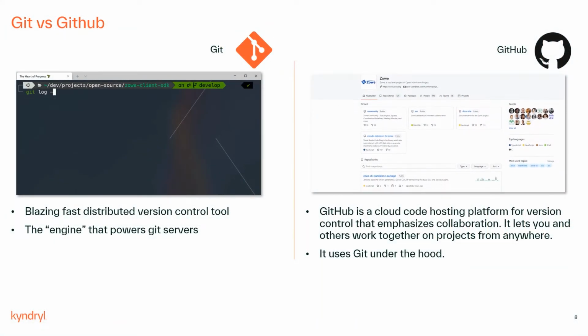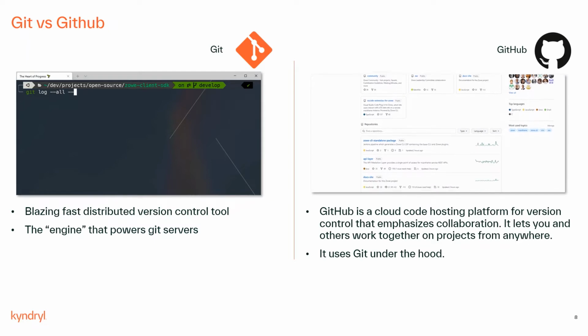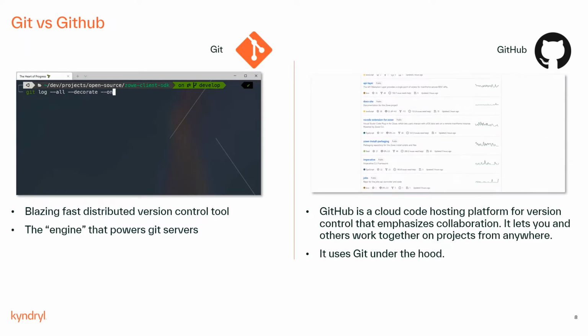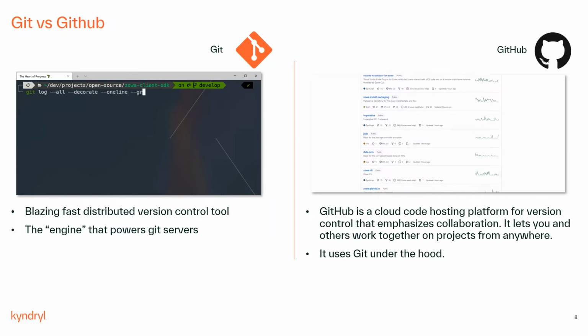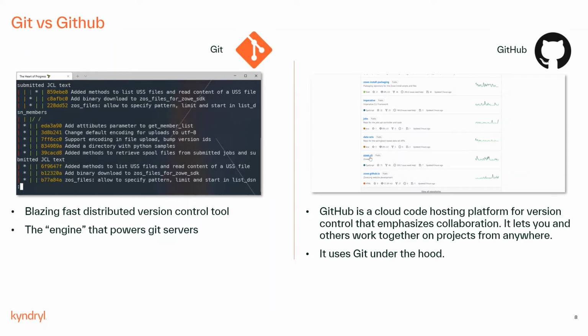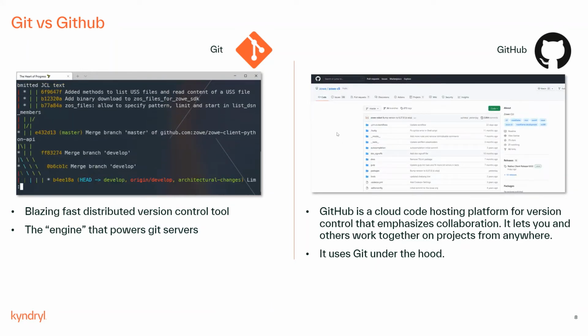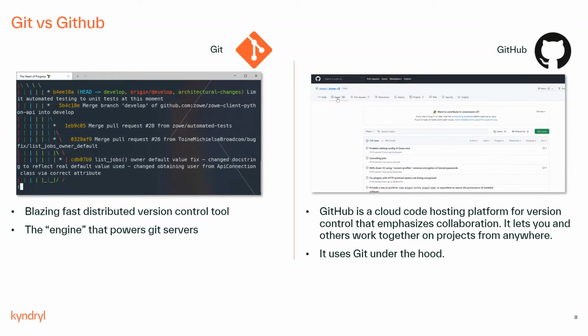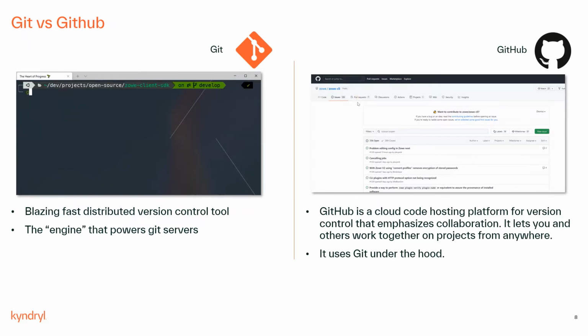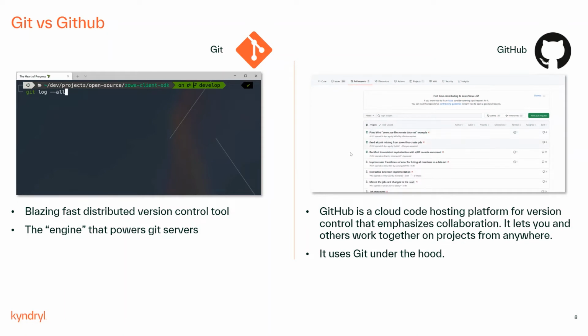So first, Git, as we already discussed, is a blazing fast distributed version control tool. It's basically the engine that powers any other Git server. So it's a version control tool. While on the other hand, GitHub is a cloud hosting platform for version control that emphasizes collaboration.